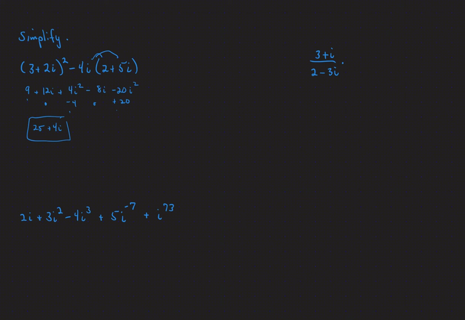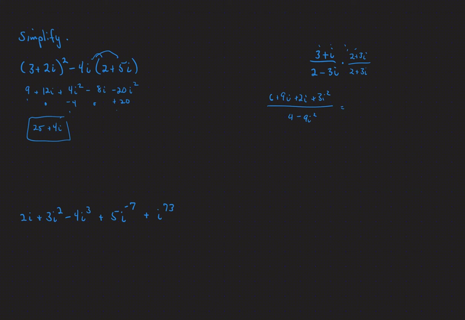To do the division, we're going to multiply top and bottom by the conjugate. That is, change the sign of the imaginary part. So distributing this, we're going to get 3 times 2 is 6, 3 times 3i is 9i, i times 2 is 2i, and i times 3i is 3i squared. On the bottom, we'll get the difference of two squares, 4 minus 9i squared.